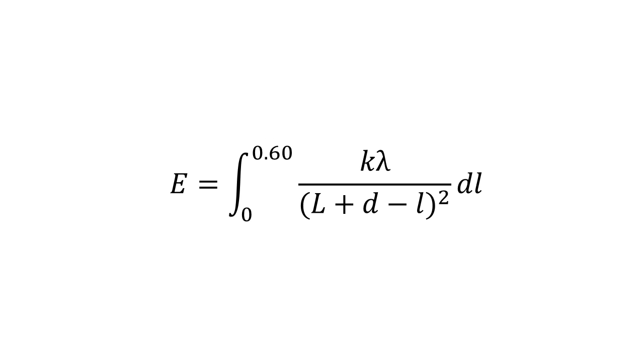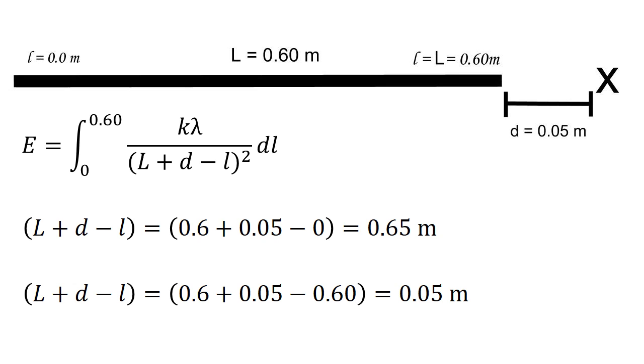Now the tricky part is the r value. Instead of r just being replaced by l, it's replaced by big L plus d minus little l. This might seem really complicated, but it actually makes sense, because remember, we want to plug in the limits of integration into little l in order to find the distance the rod is from x at that particular point.